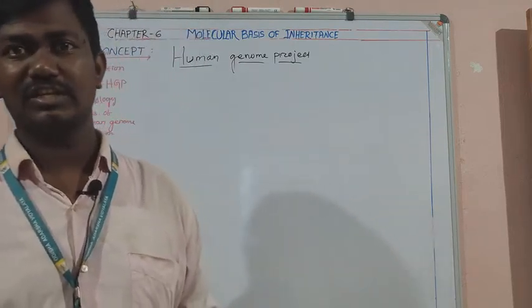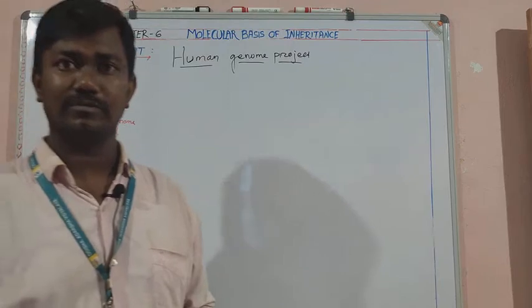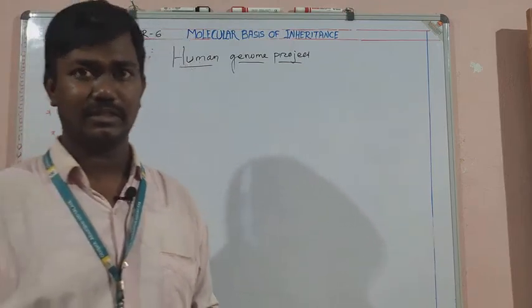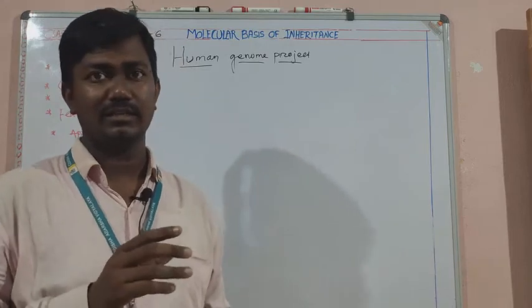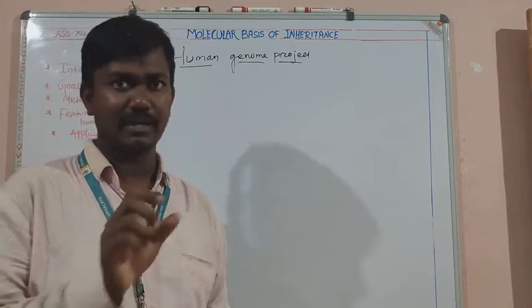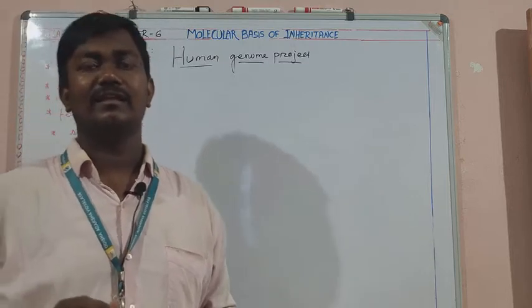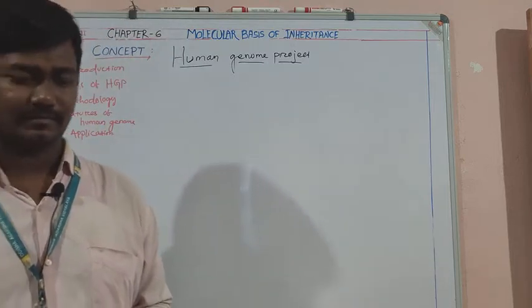Advances in genetic engineering such as isolation of DNA, cutting the DNA, then cloning of DNA and sequencing the nucleotide base pairs present on the DNA fragment led to this happening.